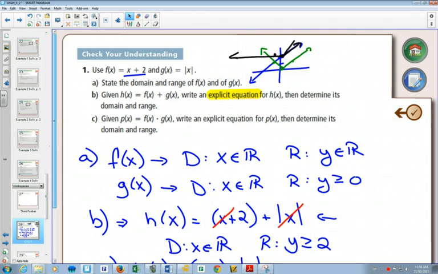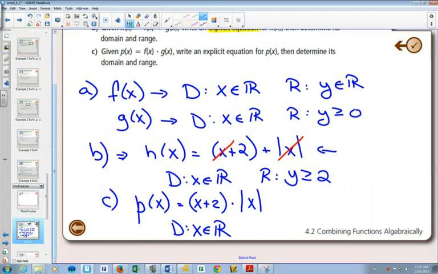And where the green graph is positive and the blue graph is negative, when you multiply them together, you're going to get negative values. And since the values get bigger and bigger and bigger, you can get as big a number as you'd like for your positive values. And same thing, you can get as big a number as you would like for your negative values. So our range is going to be everything.